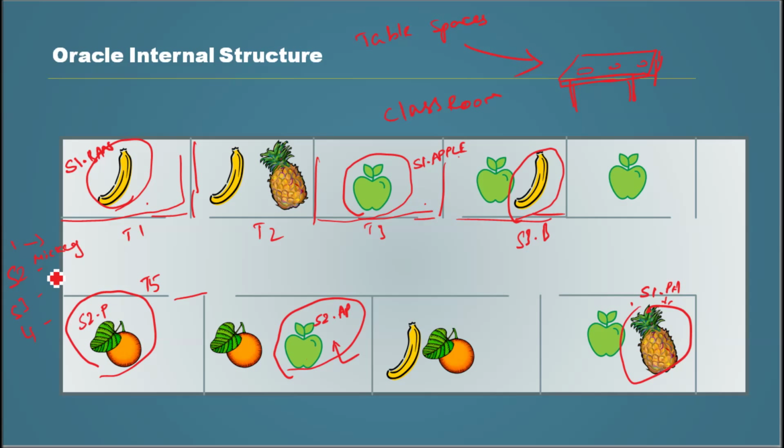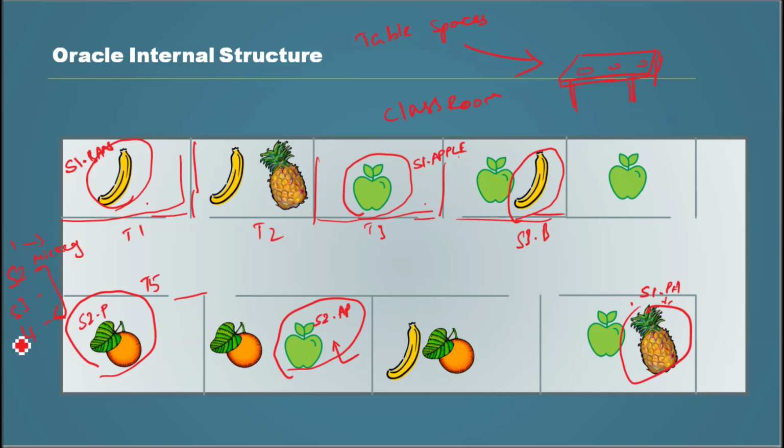The users, when they create objects, can keep them anywhere. For that, they need to have privilege. I will come to that later. But then they can keep the objects anywhere. And the interesting part here is, student 2 and student 4 are friends.